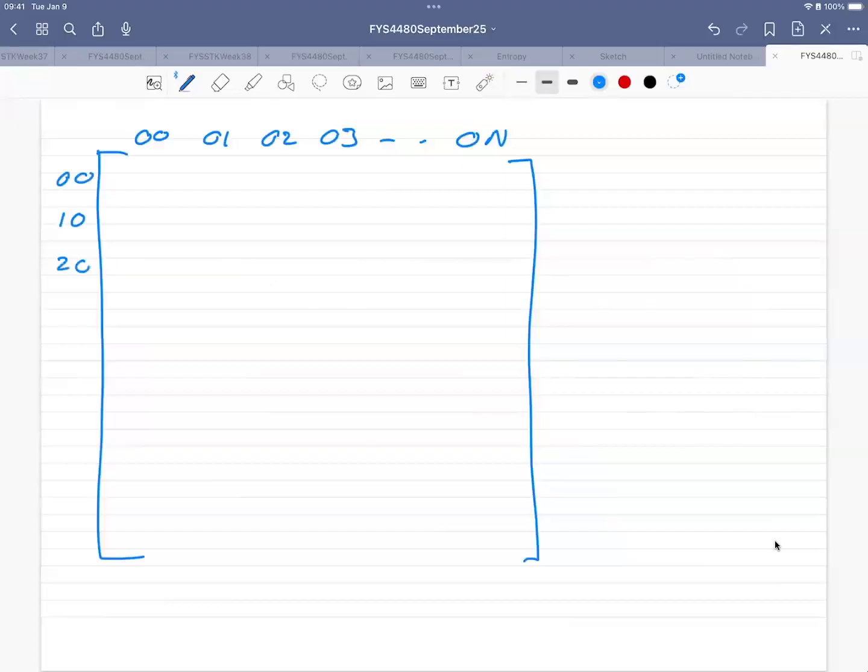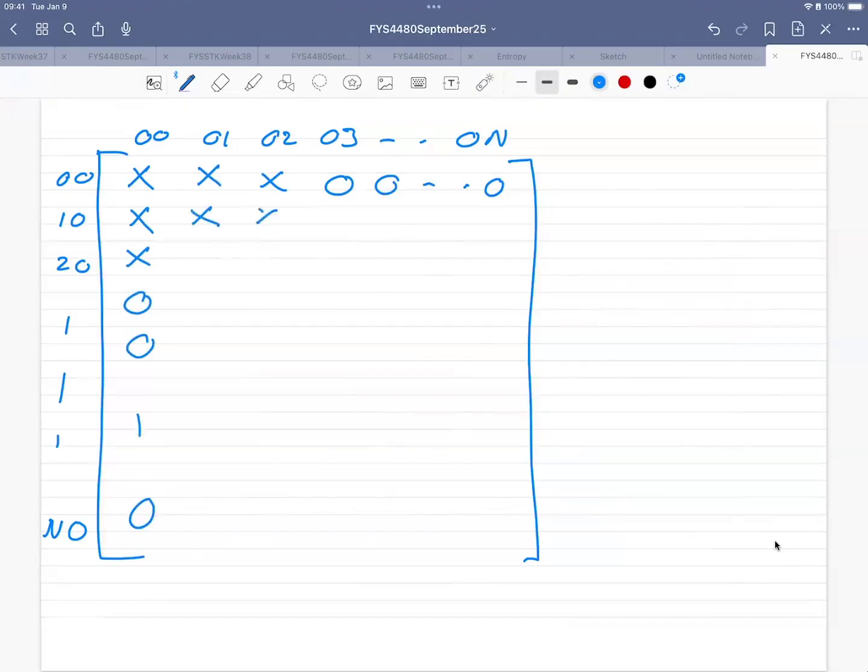We have 2, 0. And that goes all the way down here. Now here we have an explicit value. This is non-zero. Here we also have an explicit value, non-zero. And then all the other ones are 0. And here we have non-zero. And then all the other ones are 0. And here we have non-zero, non-zero.